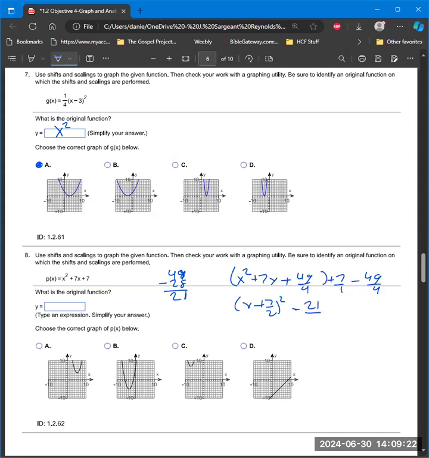Negative 21 over 4 is -5 1/4. So our vertex is at -7/2, negative 21 over 4, which is the same as -3.5, -5.25. So it's going to open up, and we have our vertex down here in this quadrant. So that would be B.